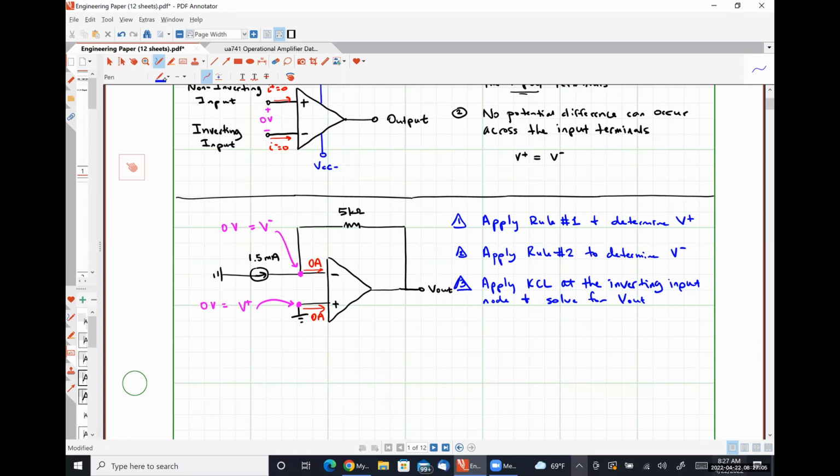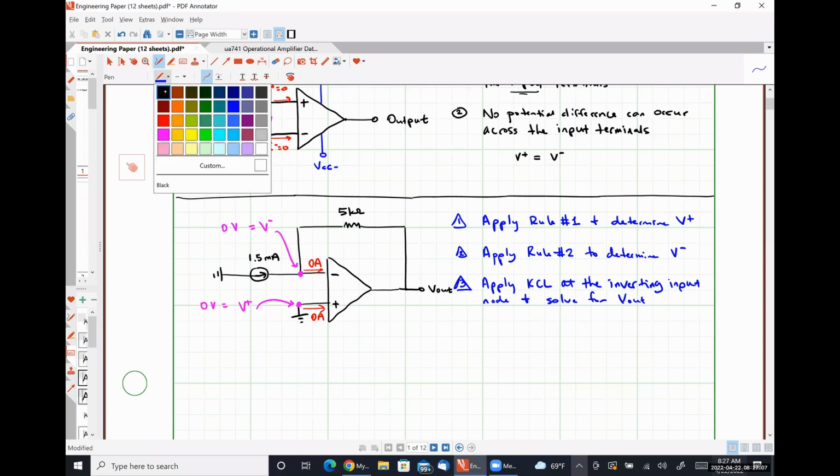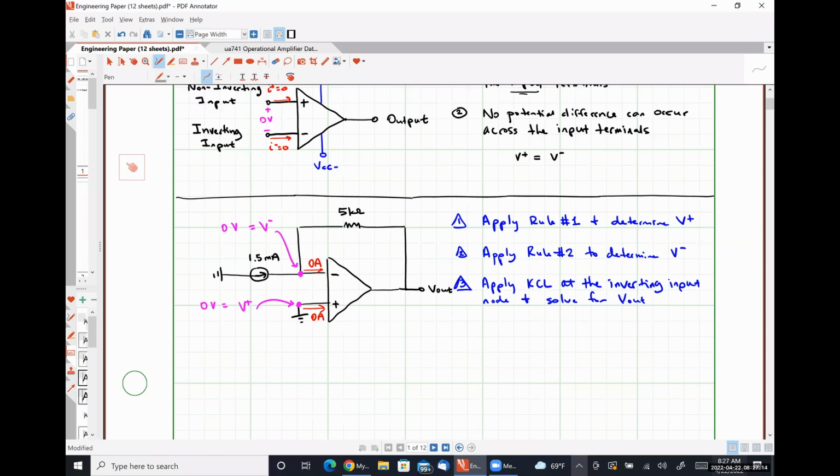Okay, so let's do it in this gray color. I'm going to apply KCL at my inverting input node, which means I'm going to add this current and this current together, and set them equal to 0. What's the current directed to the left from the inverting input node?